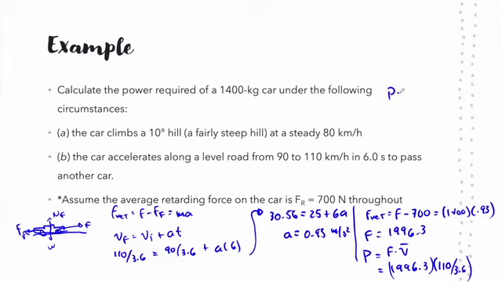So the power necessary by the car is going to be equal to 1996.3 times 30.56, and this is going to be equal to about 60,997.9 watts, which is approximately 81.8 horsepower.